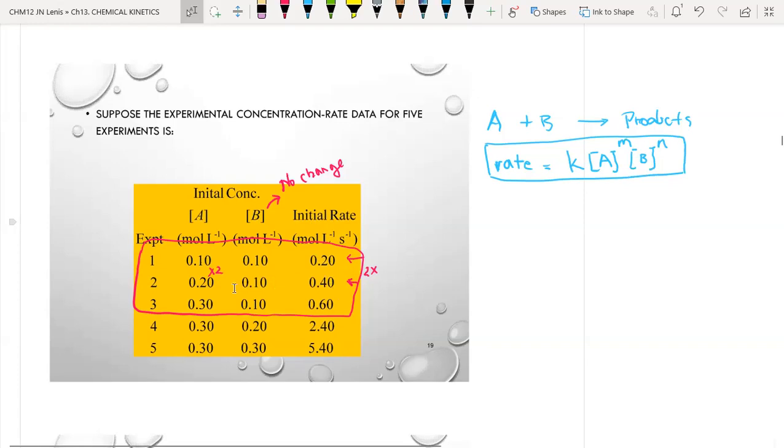Just to make sure, let's do one more experiment in a different beaker, in a different tube. You measure everything again at the same temperature, but this time we are going to increase the concentration of A to 0.30 moles per liter.